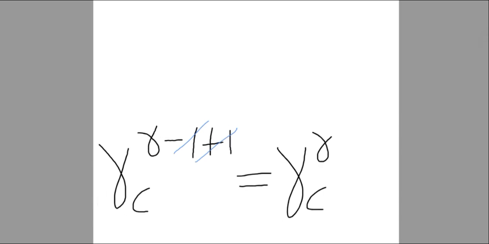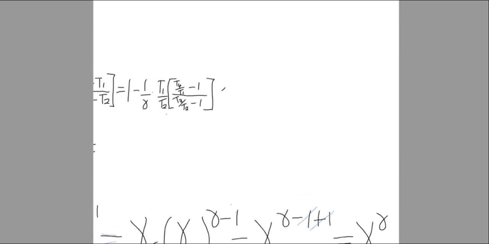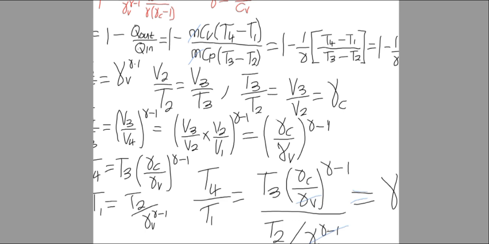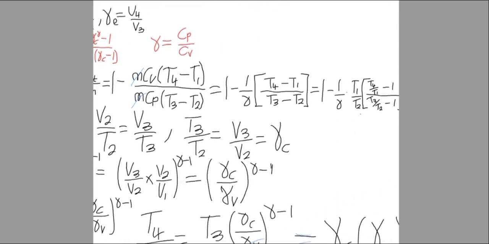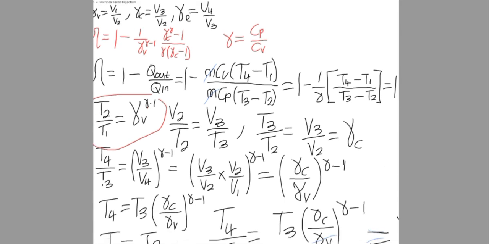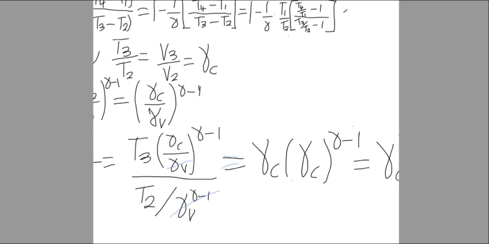So now we have gotten our value for T4 over T1 and T3 over T2. We have also gotten our value for T1 over T2. Let me highlight them over here. Our value for T1 over T2 is what we got here, and we have also gotten our value for T4 over T1.